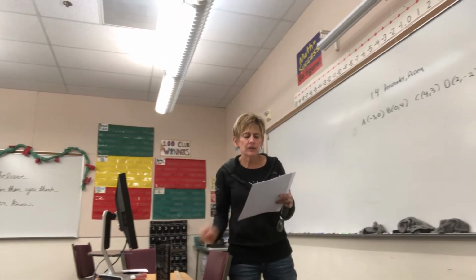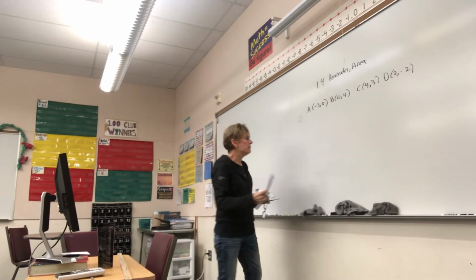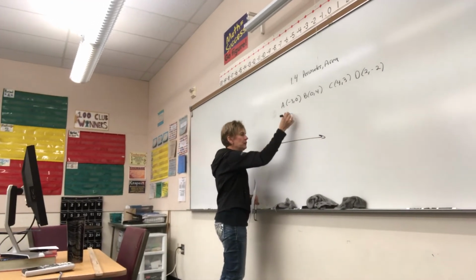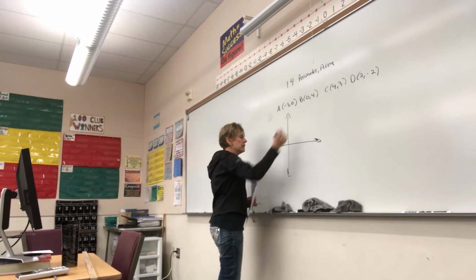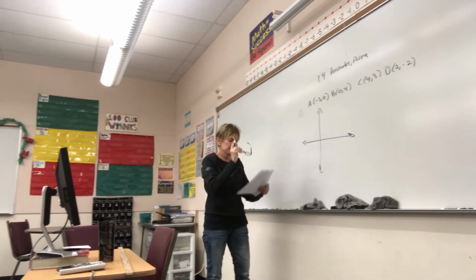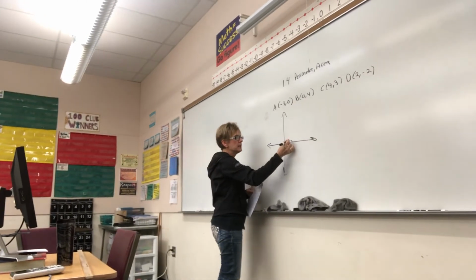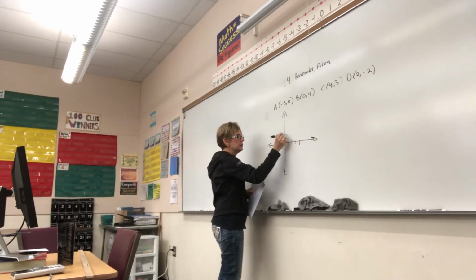You could also use this time if you wanted to draw an XY axis on your paper. If you have a ruler, great. If not, you should be fine without one. And I would go 4 tick marks out in each direction.